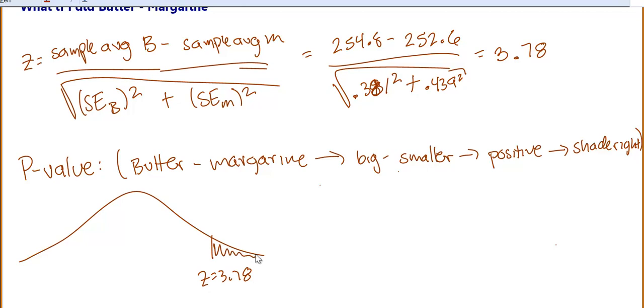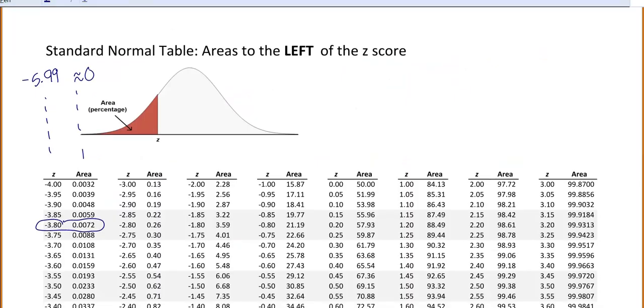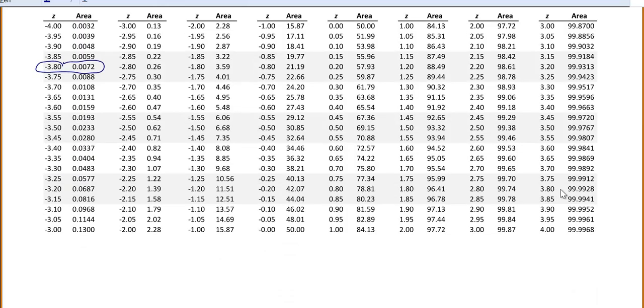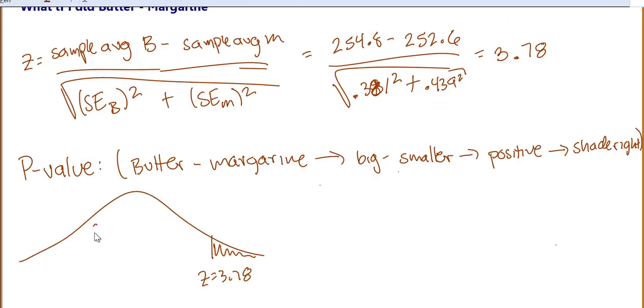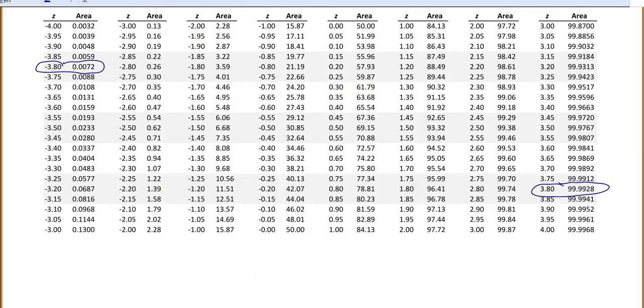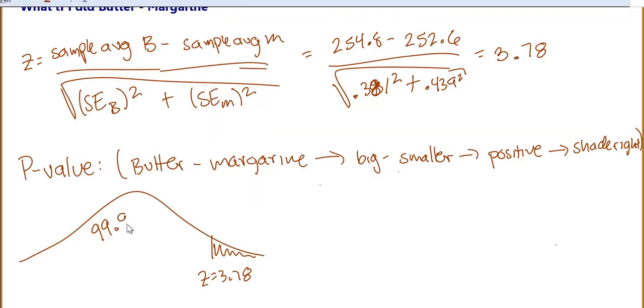Now see how just due to symmetry, this is going to be the exact same p-value. But if we hadn't already done it, I could look it up on my normal table. So I look up 3.78, and get 99.9928%.